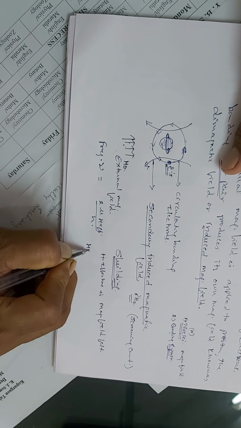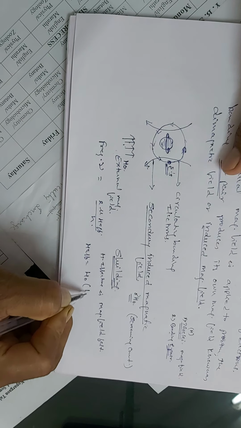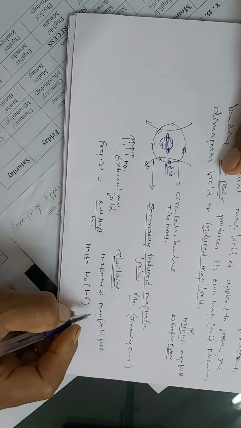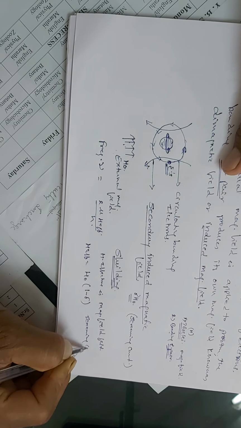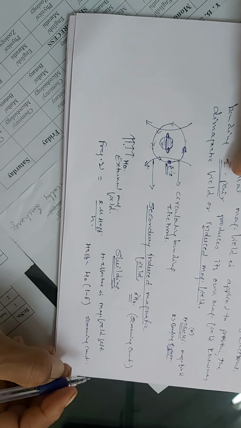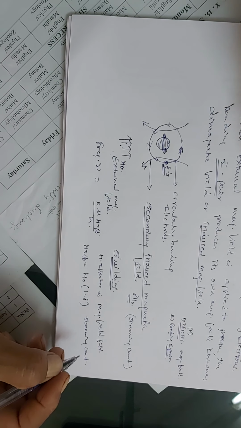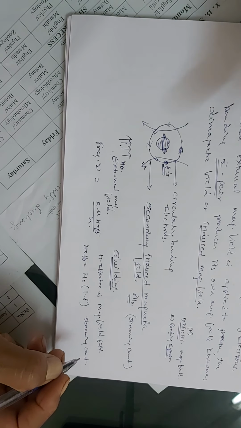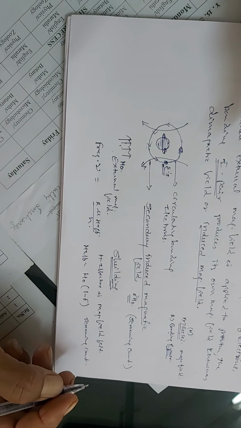H effective is equal to H0 into (1 minus rho), where rho is the screening constant, which depends upon the electron density around the proton and the presence of adjacent protons on adjacent atoms. So each set of protons will give a different screening constant.